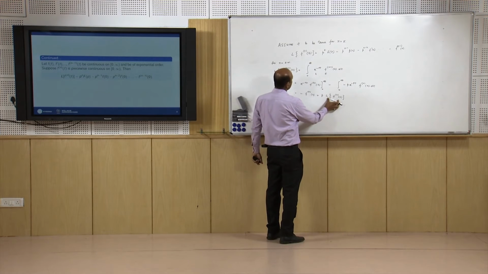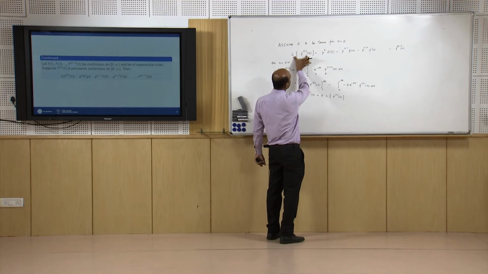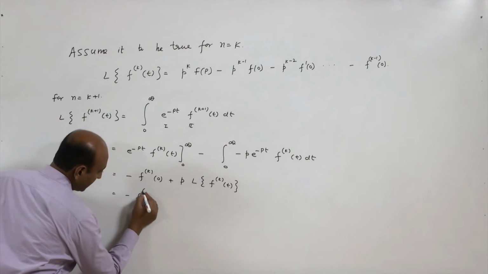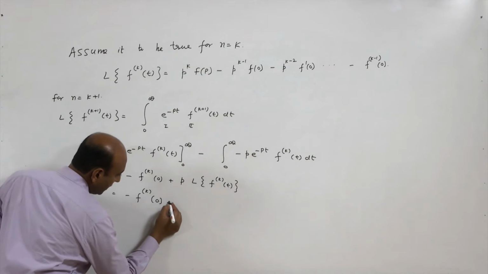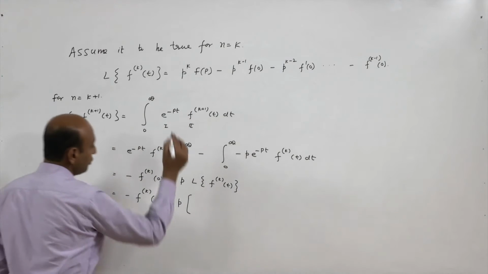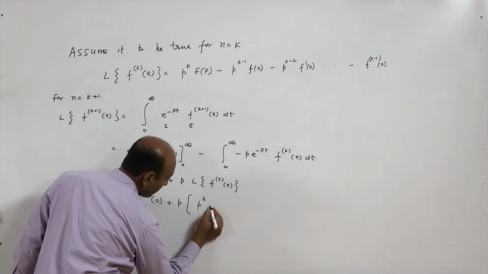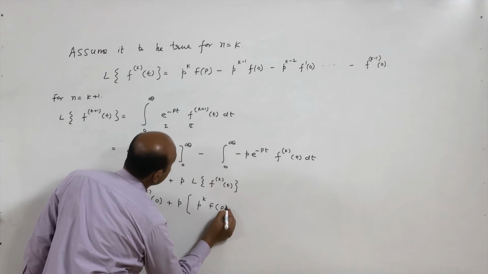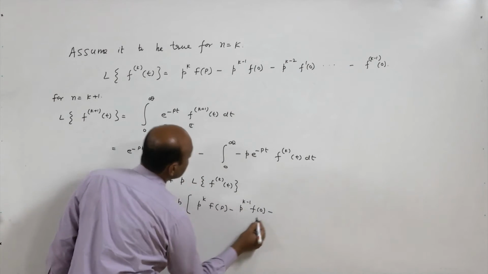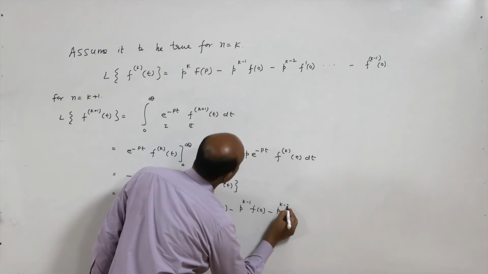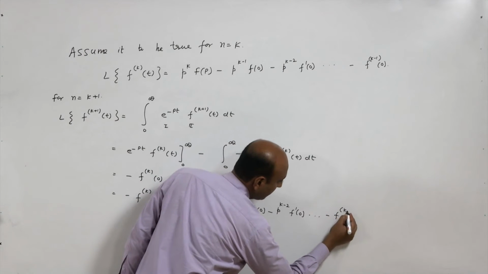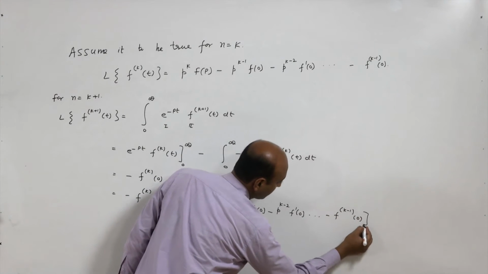Now, the Laplace of this we have already assumed equal to this expression. So it is minus the kth derivative of f at t equal to 0, plus p times Laplace of the kth derivative of f(t), which we have assumed equal to this. So it is p(p^k F(p) minus p^(k-1) f(0) minus p^(k-2) f dash(0) and so on, minus the (k-1)th derivative at t equal to 0).